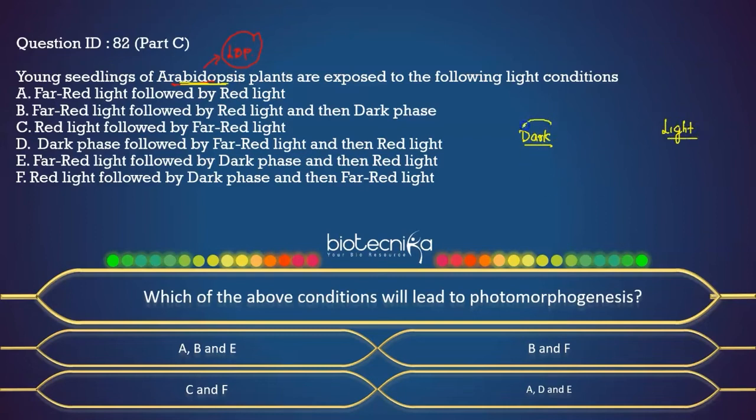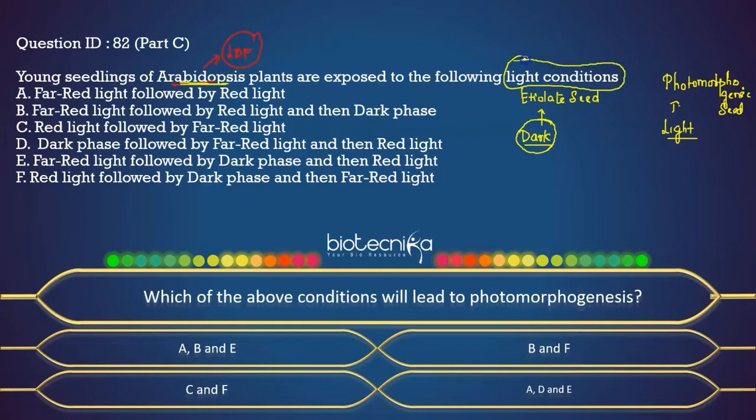If I keep it in the dark and grow it, these are called etiolated seeds. If I keep it in light, they are photomorphogenic seeds. So here they are talking about photomorphogenesis, these light conditions.